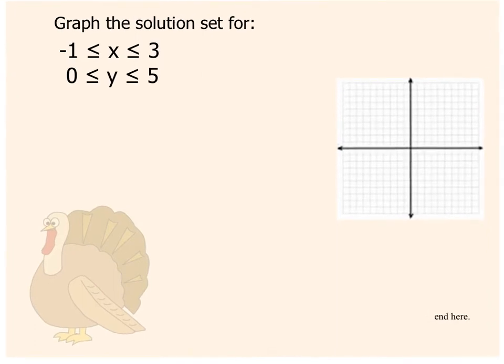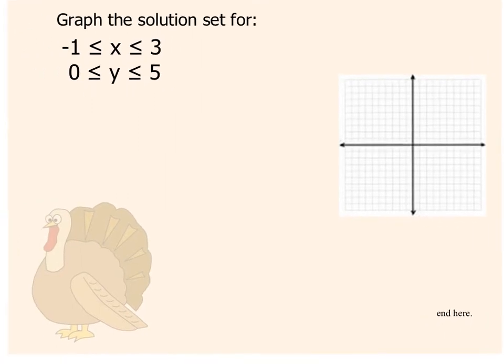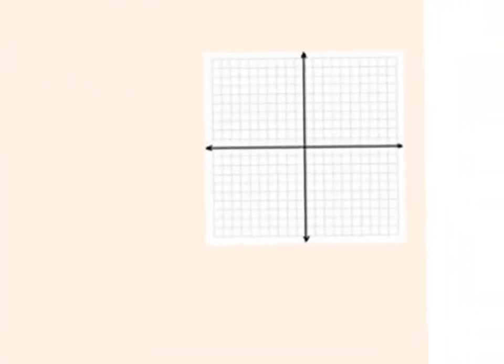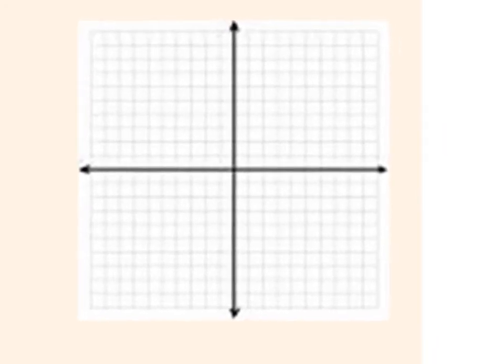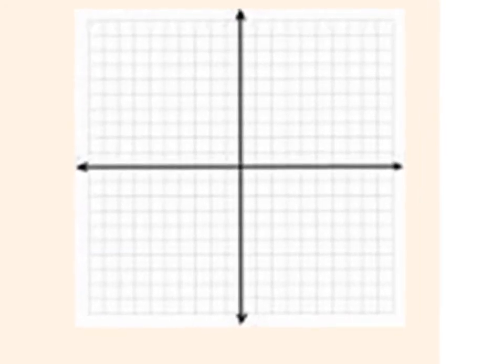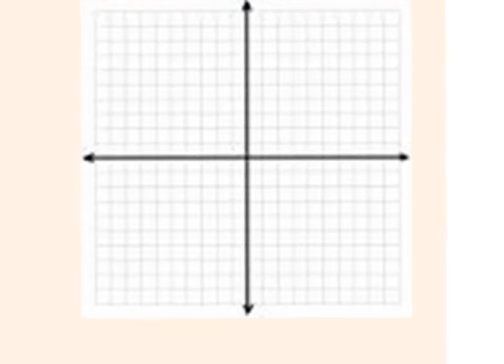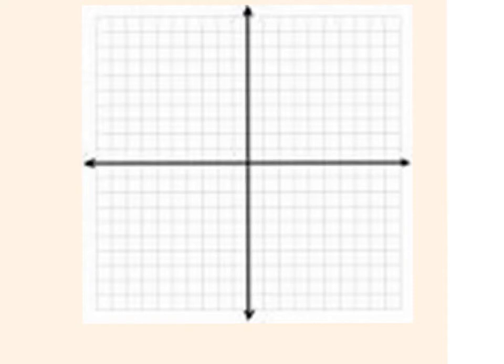A set of 2 inequalities. Notice we've got the interval here, and each one is just one variable. Okay, let's start with the x's. Let's take a look at these. If I zoom into my graph here, I want all the points that have an x value between negative 1, the vertical line x equals negative 1.